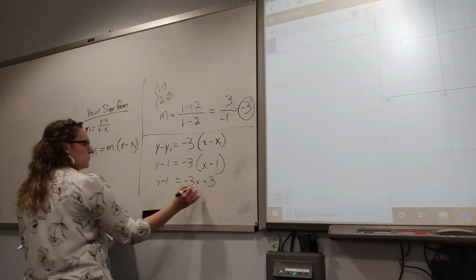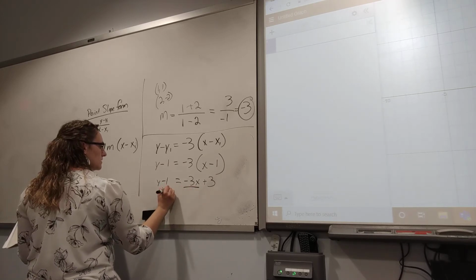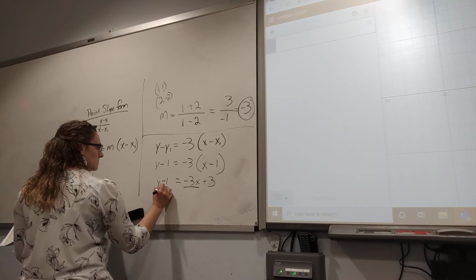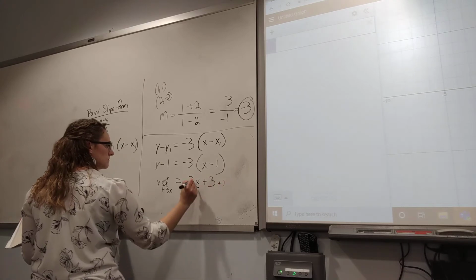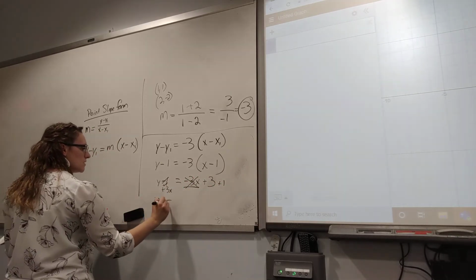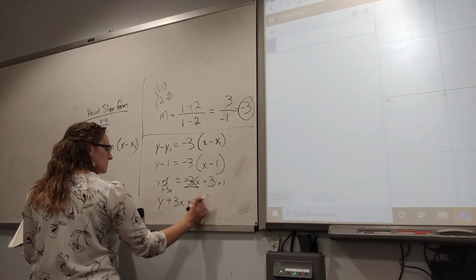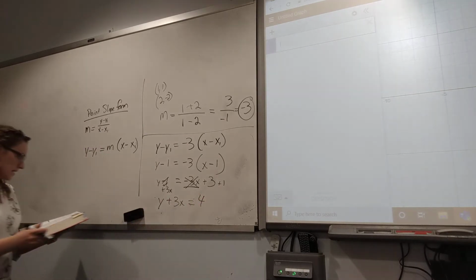Then we're going to move this over, so we're going to plus 3x, and we're going to plus 1 to both sides. So now y plus 3x equals 3 plus 1 is 4. Is that what we got?